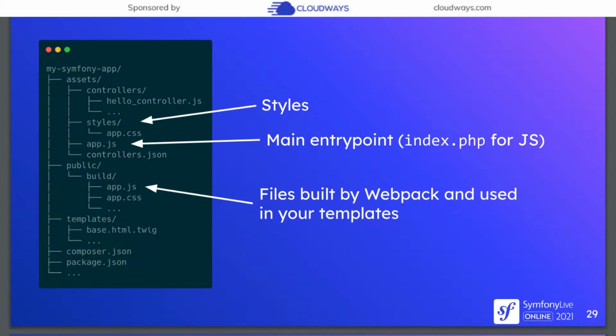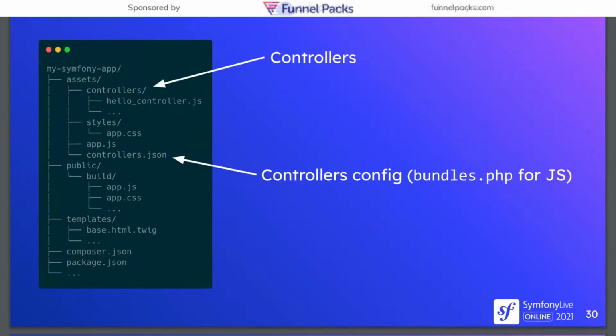So we have a structure that looks quite normal, except that we have two new ideas, two things that are a bit interesting in JavaScript. In JavaScript, usually we do not use controllers. A controller is a concept that's well defined in backend code, whereas in JavaScript, we are usually more talking about components.